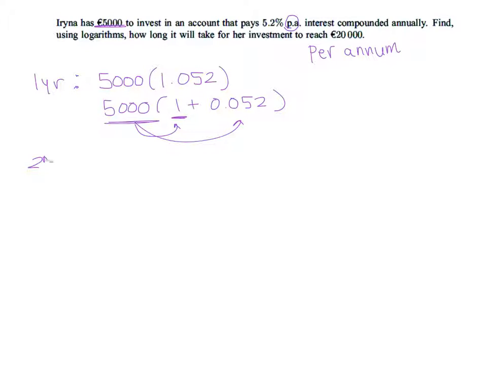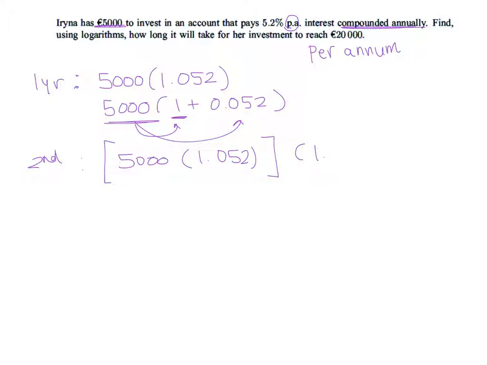Second year. Since it gets compounded annually, that means in the second year, she starts off with the amount of money that she made in the first year. So 5,000 times 1.052 is the money that she has after the first year, and she gets an interest of 5.2% again.